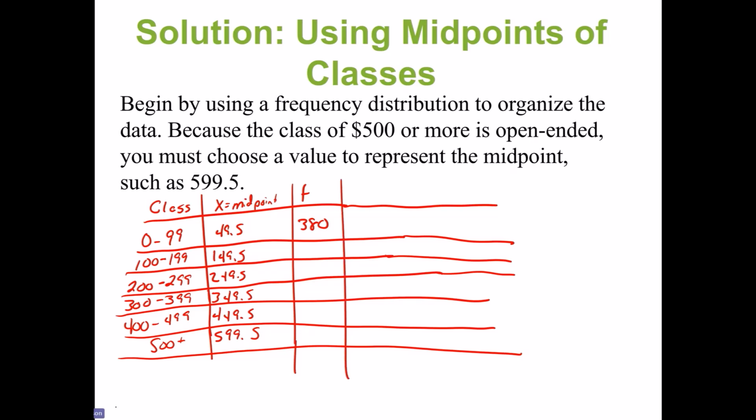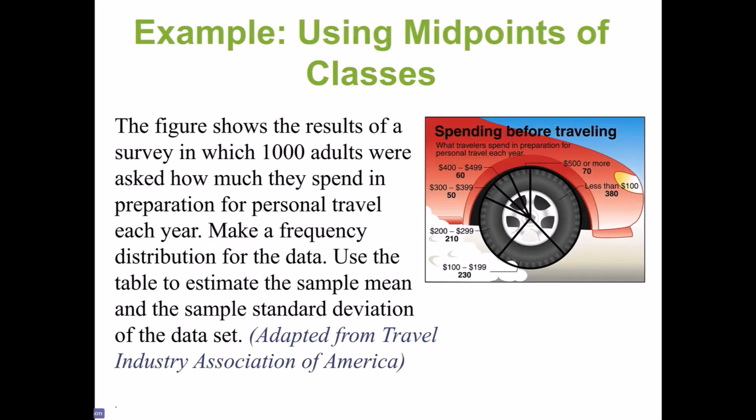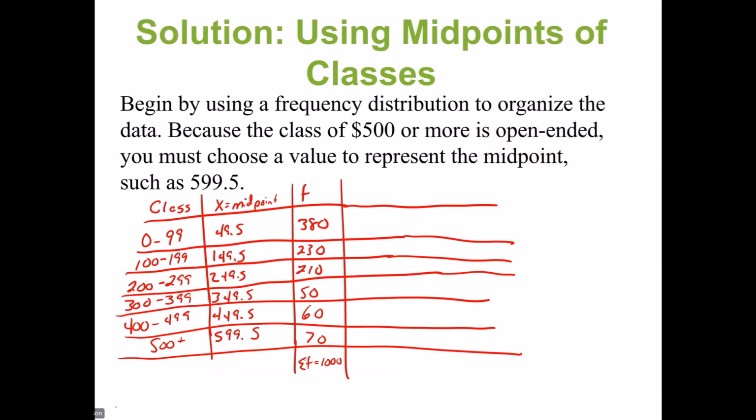So we have 380, 230, 210, 50, 60, and 70. So our sum of frequencies should be 1,000. We knew we surveyed 1,000 adults, and if you add all those up, we do get 1,000.